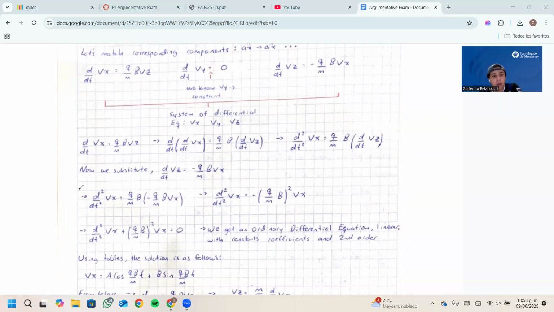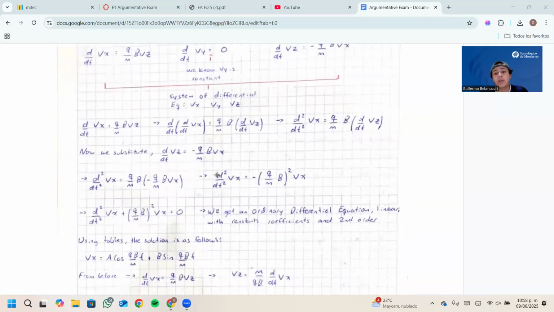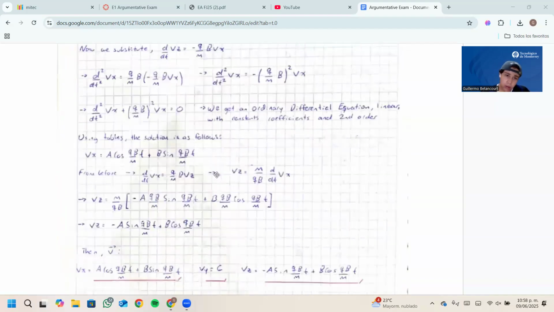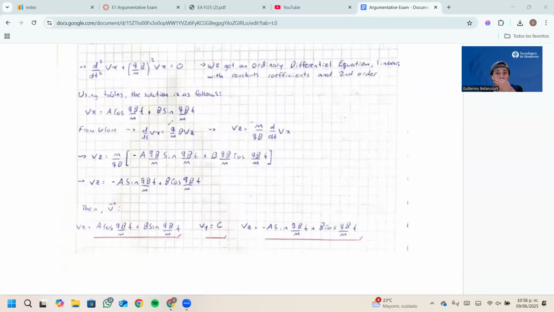and then we get an ordinary differential equation, linear, with constant coefficients and second order. And using table, the solution is as follows. From before, we know these two things.